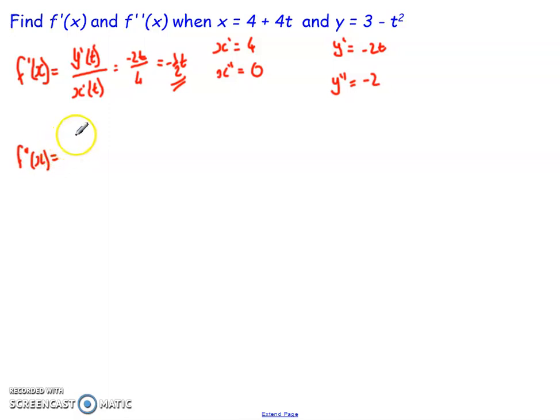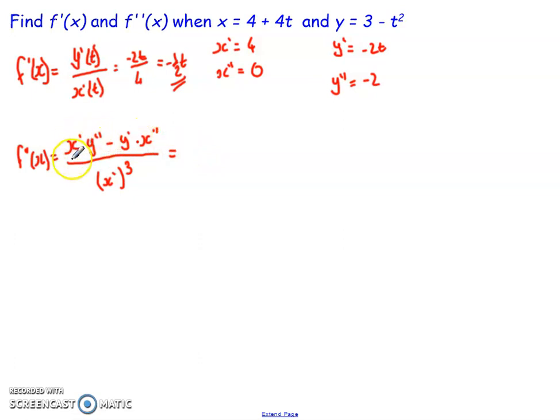What I know is that the second order derivative is equal to x dashed y double dashed, so first derivative of x times the second derivative of y, take away first derivative of y times the second derivative of x, all over the first derivative, x dashed cubed. Now I've got all the parts here, all I need to do is substitute them in and simplify it and see what I get.